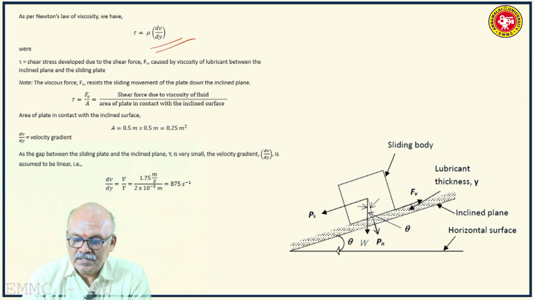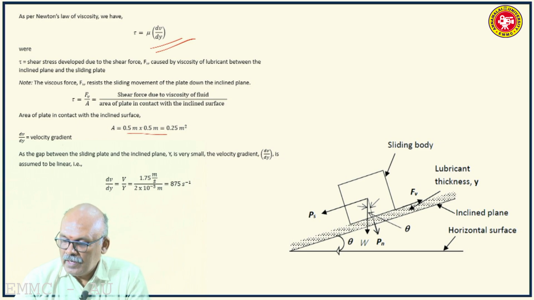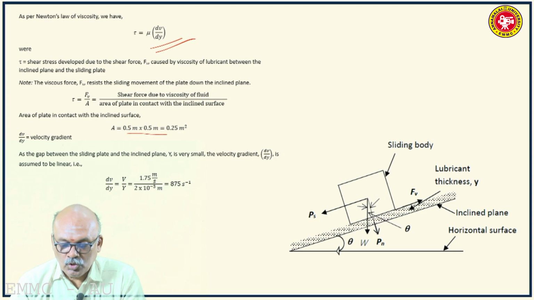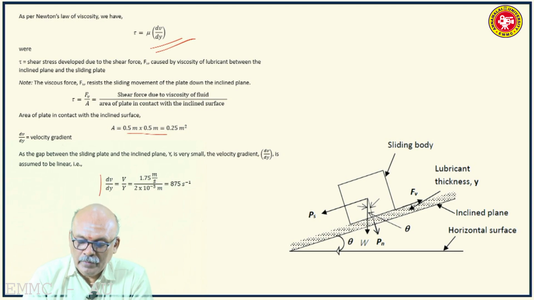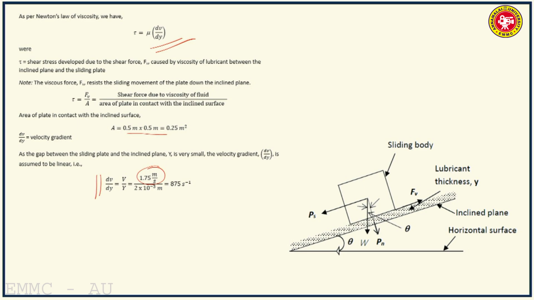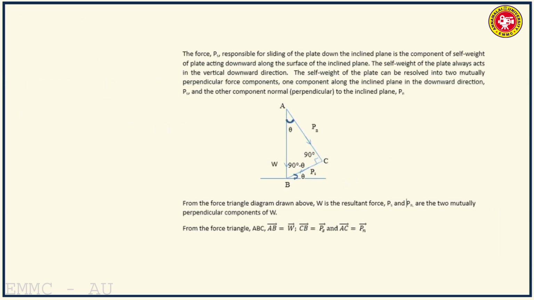So, area of plate is 0.5 by 0.5, 0.25 meter square. dV over dy is the velocity gradient. As the gap is very small, 2 millimeters, let us assume the velocity gradient to be linear. So, it becomes V over y. V is the velocity with which the plate slides down the inclined plane, and y is the gap between the inclined plane and the plate. So, it becomes 875 per second.